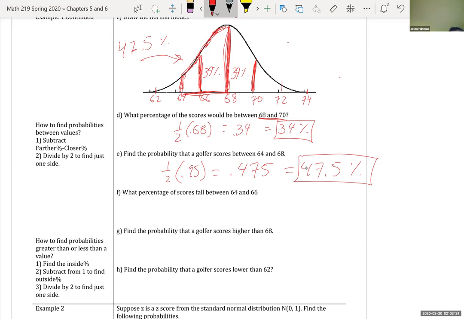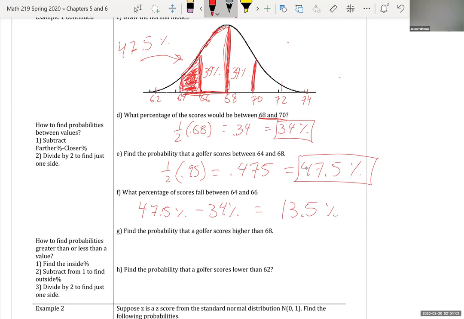So if I subtract 34% from 47.5%, I get this little piece that's left over, which is what I wanted. The leftovers are 13.5%. That's what I was looking for.